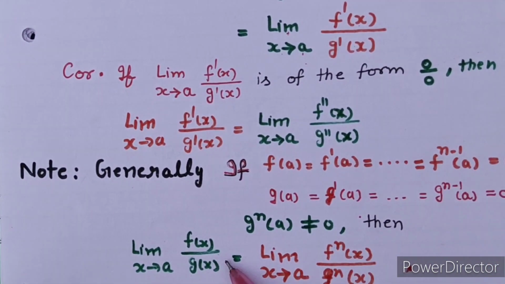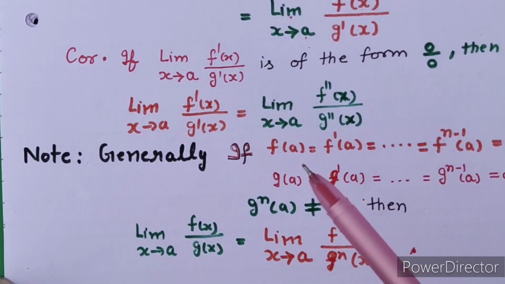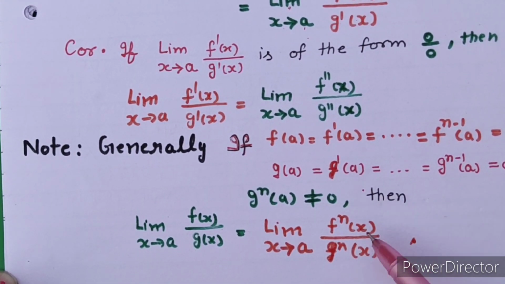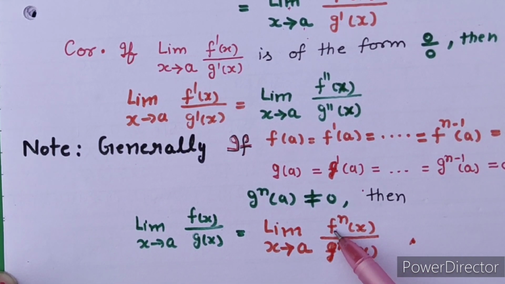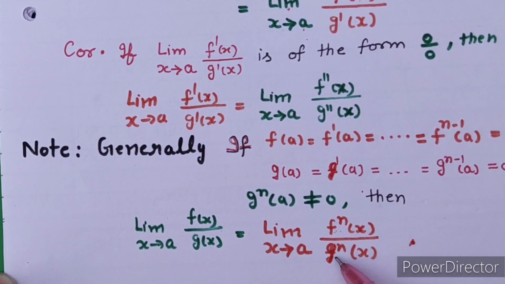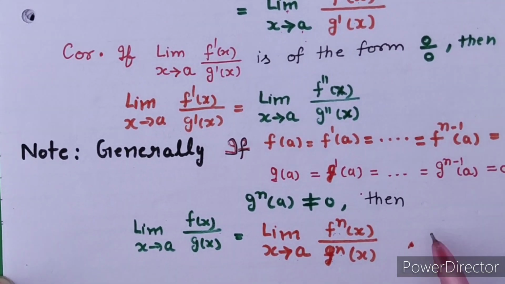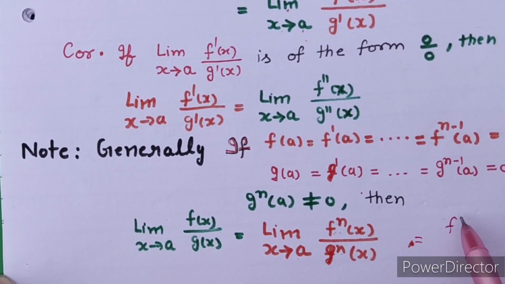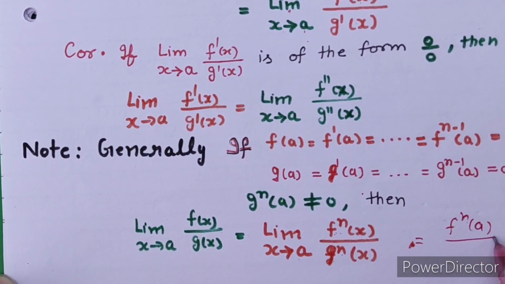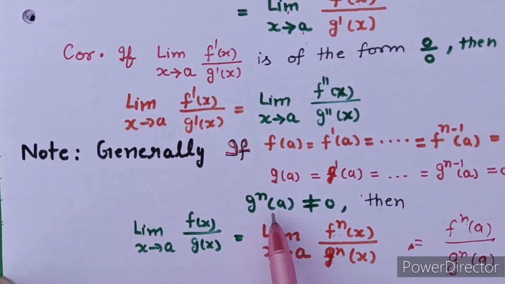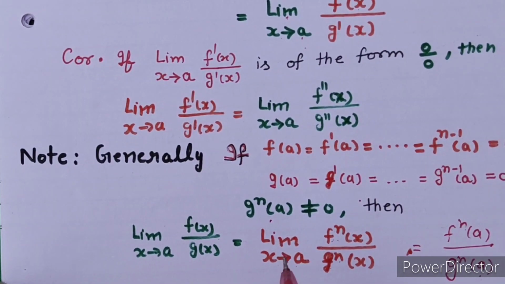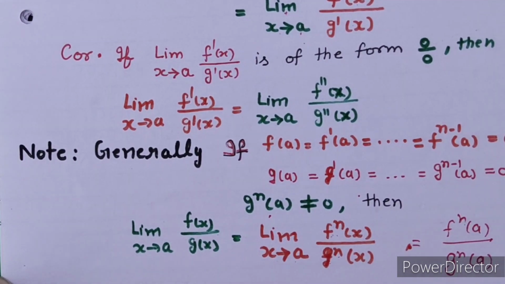In that case your limit expression will become f n, meaning nth derivative of this function, over g n, meaning nth derivative of g function, at limit x tend to a. So this is nothing but f n at a over g n at a, and the condition on g n is this one. Okay, now let us take the example of indeterminate form.